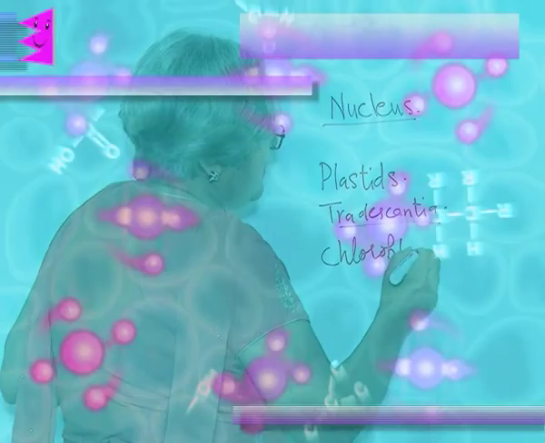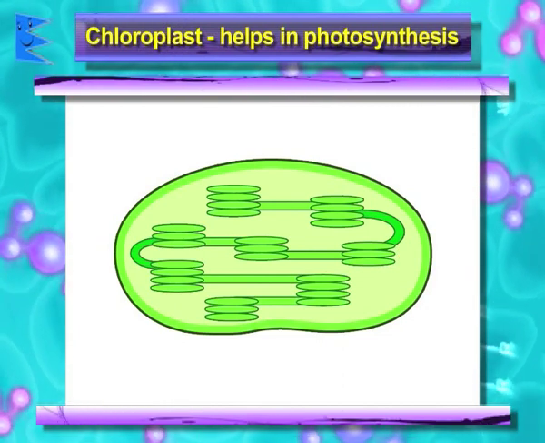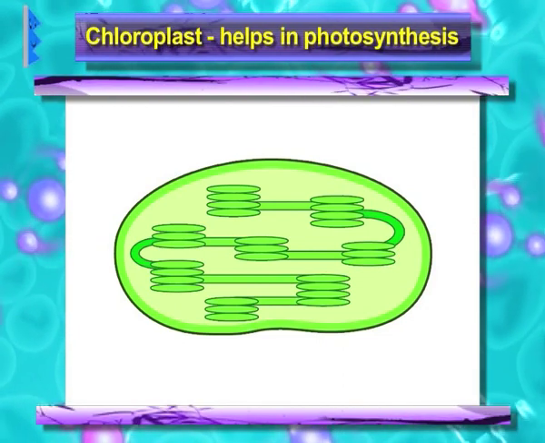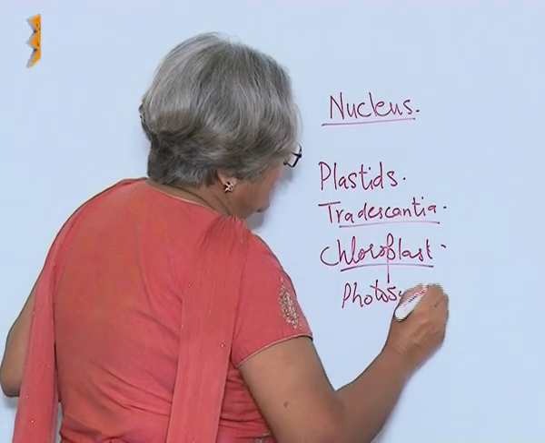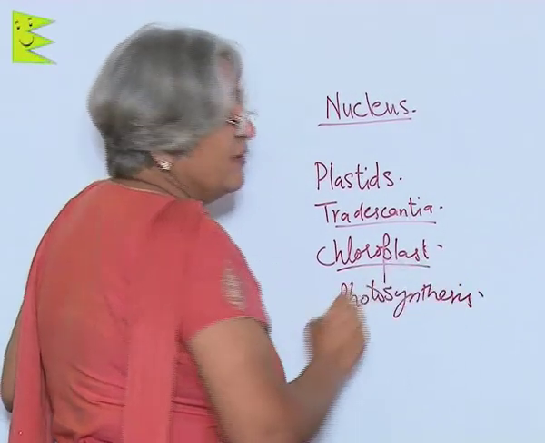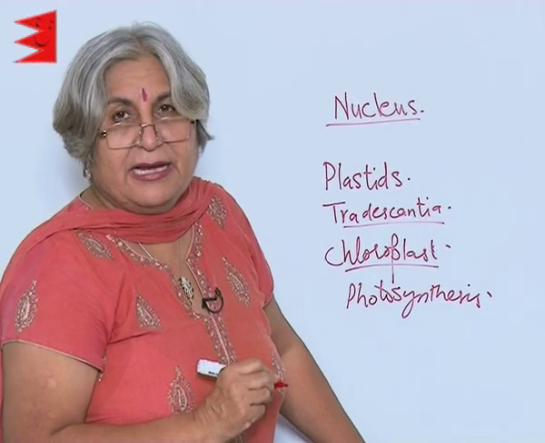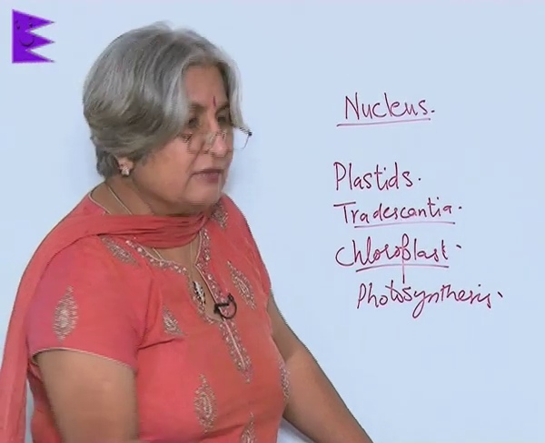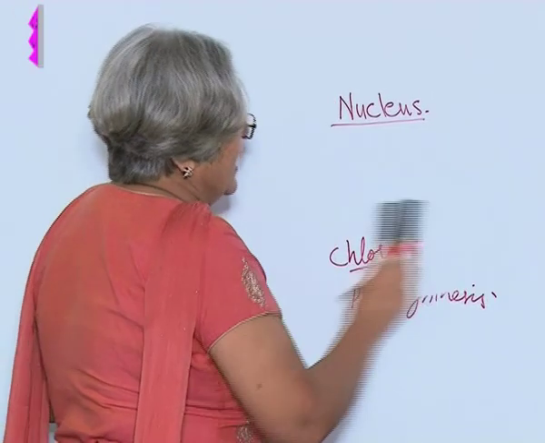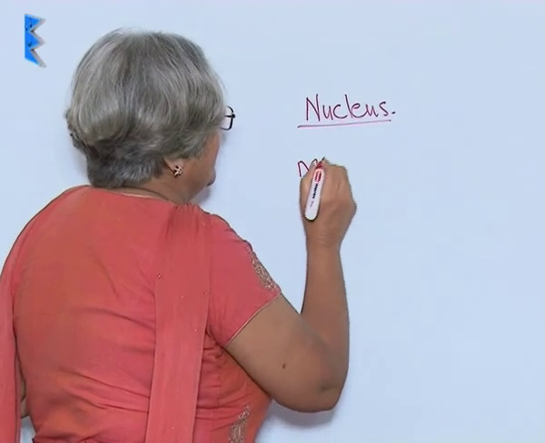You must have heard about chlorophyll, the green pigment found in the leaves. So, it is the chloroplast which helps in photosynthesis, and it is found only in the plants. But there is another cell organelle which is found in both plants as well as animals, and that is mitochondria.